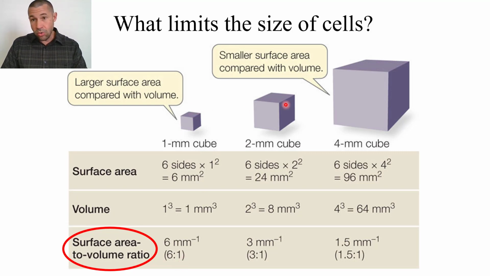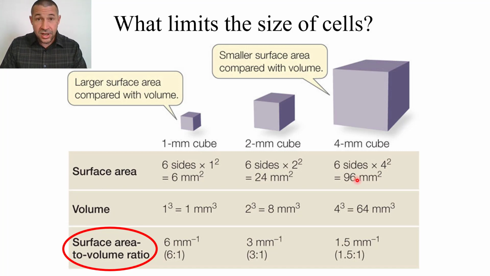Okay, now let's grow that cube to have sides that are 4 millimeters in length. 4 times 4 gives us a surface area of 16 millimeters squared for one surface. 16 times 6 gives us 96 millimeters squared. So the surface area has grown as the length of the side has grown, as we would expect.